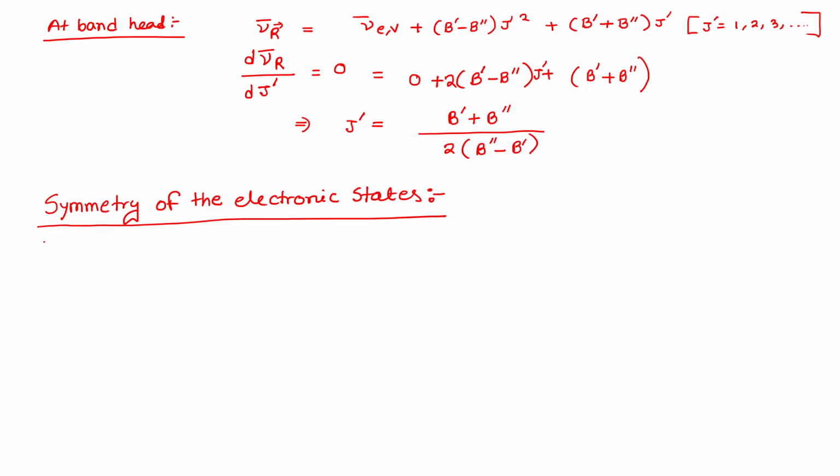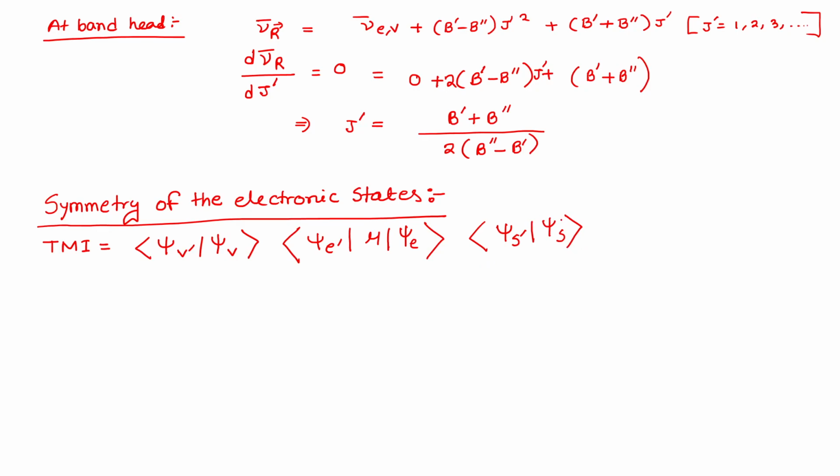You remember, I hope, the transition moment integral is given by a few products. Suppose this part is from the Franck-Condon factor, from the vibrational part, which will determine only the intensity. Now this part is for the electronic spatial part, the orbital part you can say, and this is from the spin.